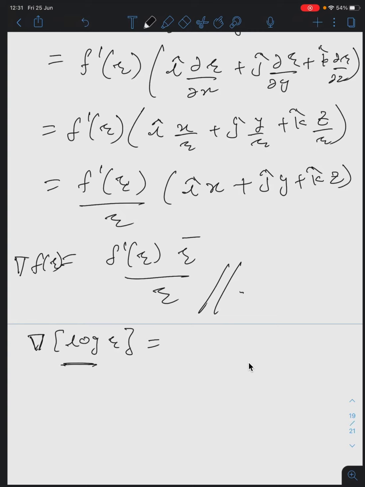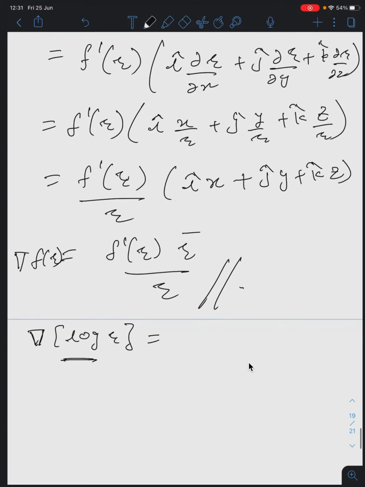Here what is f? Log r. So if you apply this result, you will have r bar by r. What is f dash of r? 1 by r. So 1 by r gives r square in the denominator. So this is the result. This is how you apply this result. Understood all of you? Yes, ma'am.